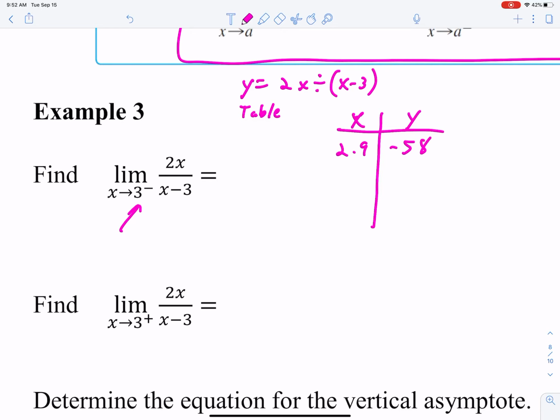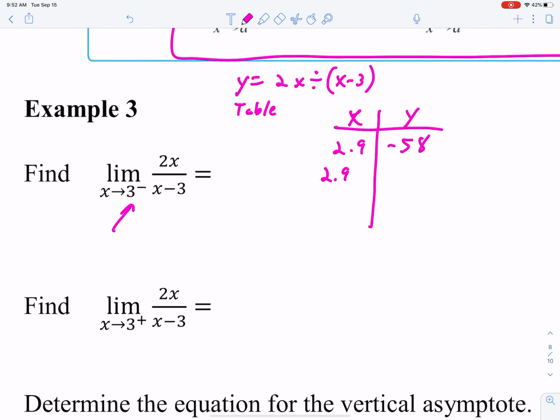Okay, so value smaller than 3. So now do 2.99. You'll see you get negative 598. Plug in 2.999, you get negative 5998. And that's the cool thing about math, is these cool patterns that come up. So you can pretty much assume 4 nines here, 3 nines here, etc.